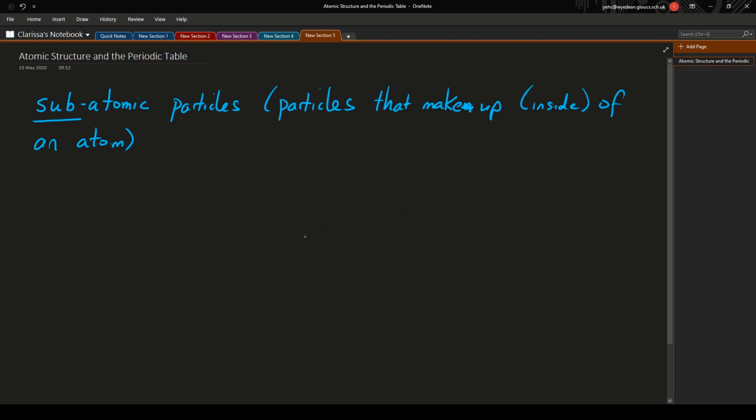Okay, so here we have an atom. Hopefully we remember this structure. Let's say we have this.